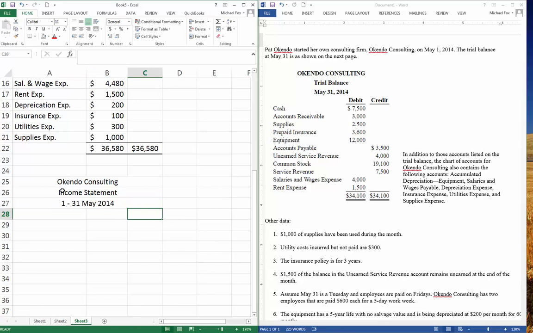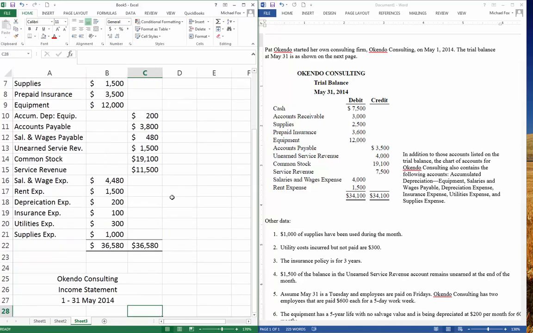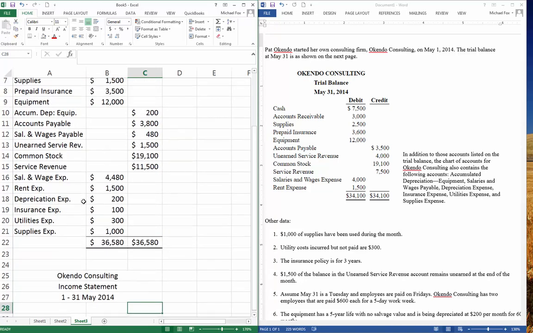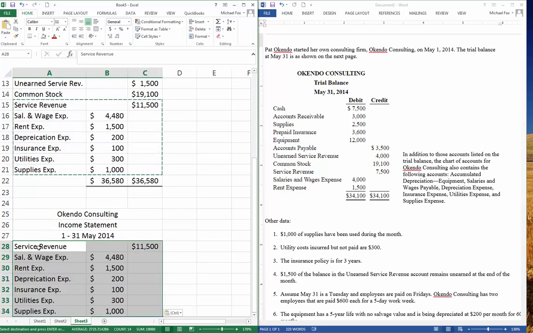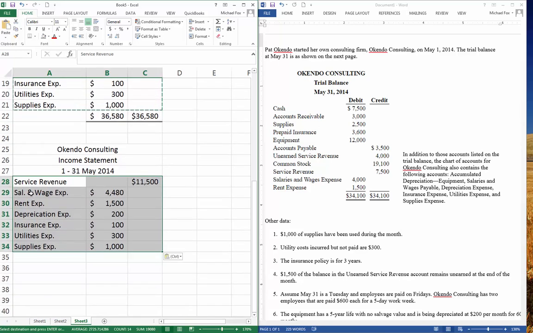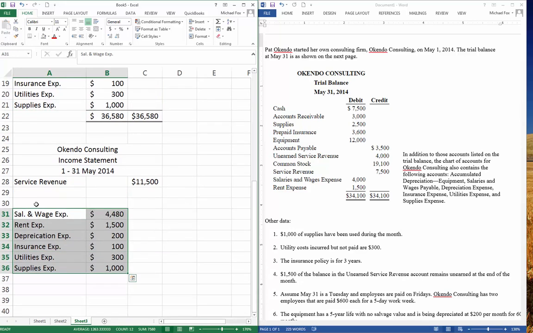Remember, an income statement covers a period, 1 through 31 May, not a day in time or a moment in time. All I would have to do to make an income statement is take these revenue and expense accounts, copy them, plug them in down here, and then do a little bit of formatting if I wanted to.